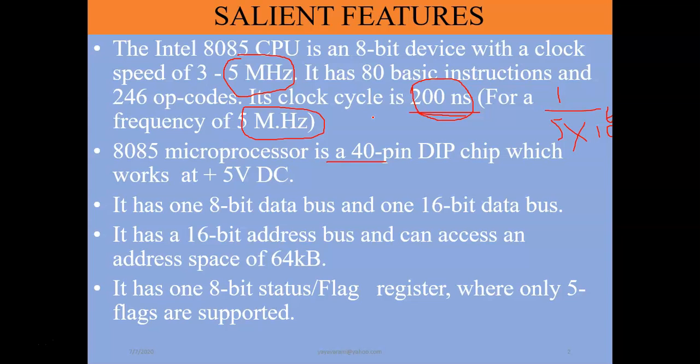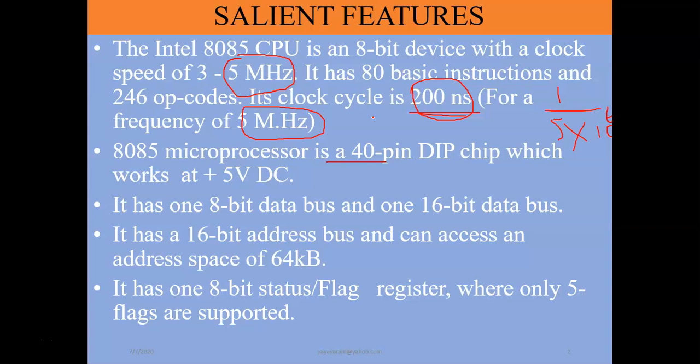Also, you know that the 8085 microprocessor is a 40-pin dual inline package chip which works at plus 5 volts DC. It has one 8-bit data bus. In the earlier class I explained that the data bus means a group of lines which carries the data, and a 16-bit address bus.